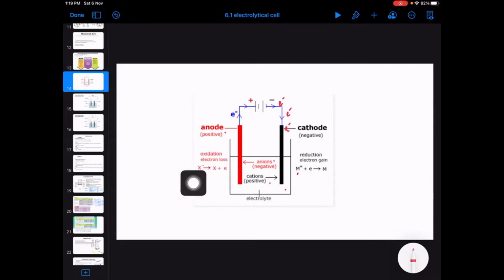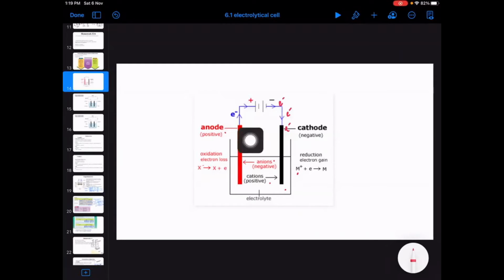The electron that has been lost comes out from this ion, goes into the wire, and then goes to the positive side of the battery. So when the electric current flows, there is an electron coming out from the negative side and an electron going into the positive side of the battery.